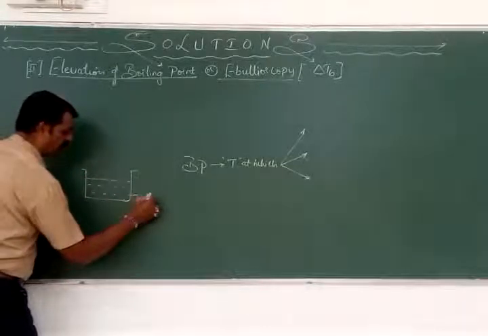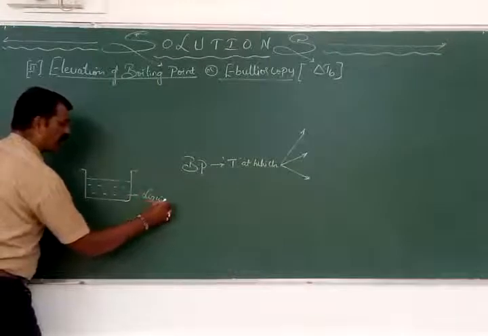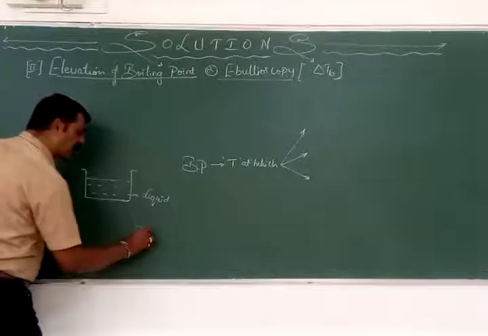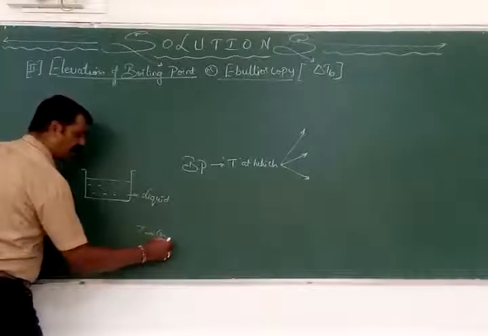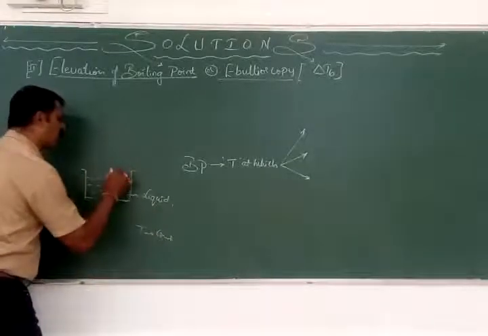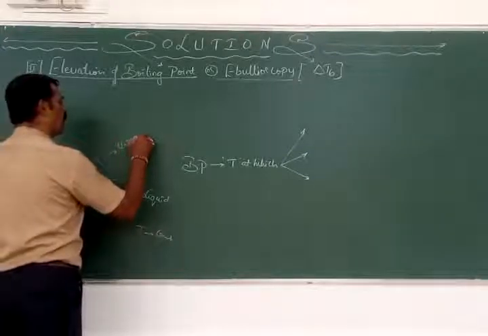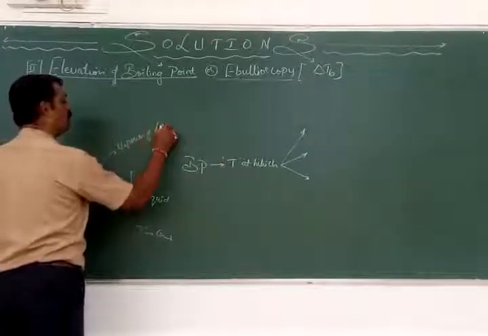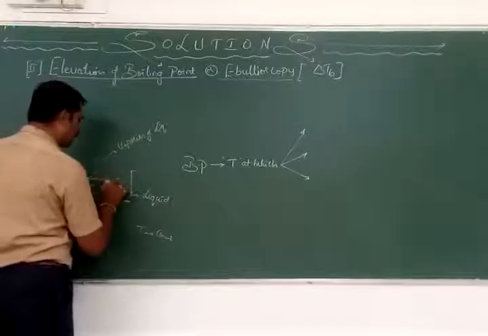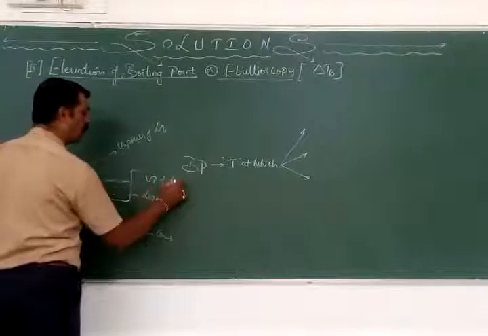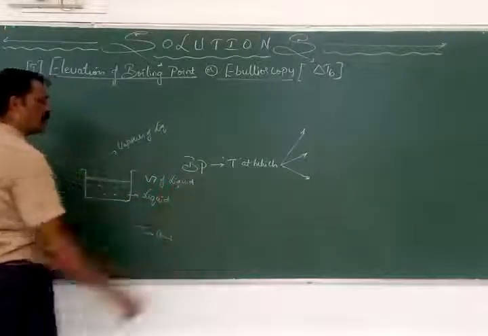Let the temperature be constant. Here we have some vapors. These are the vapors of the given liquid, and at the junction it exerts a pressure, and that is called the vapor pressure of the given liquid.